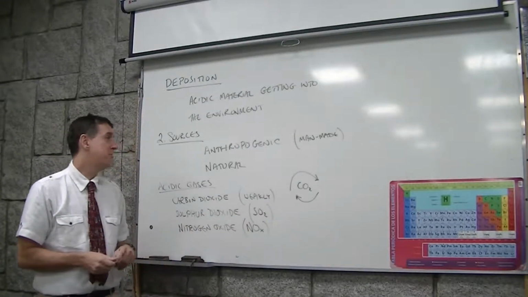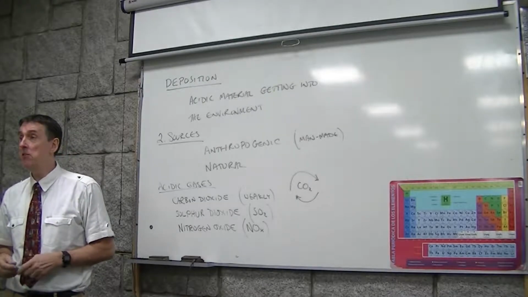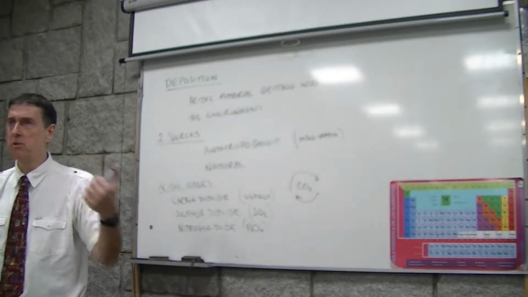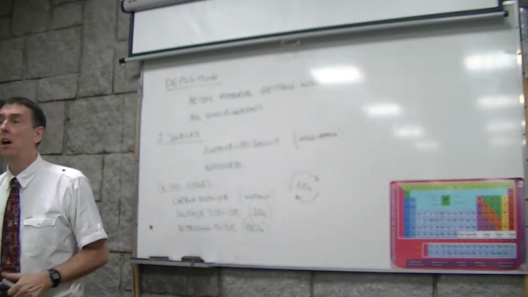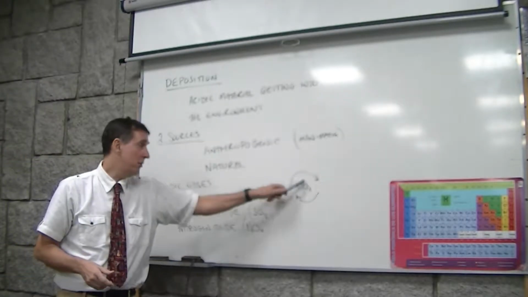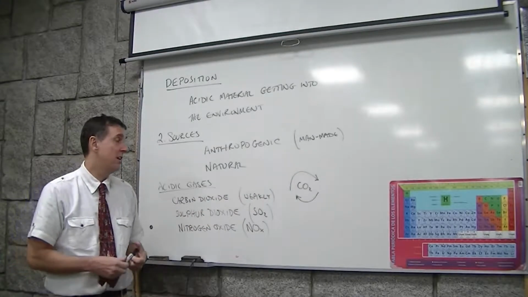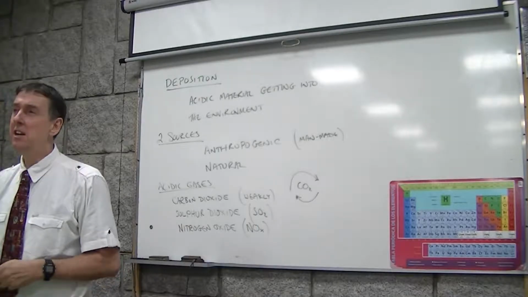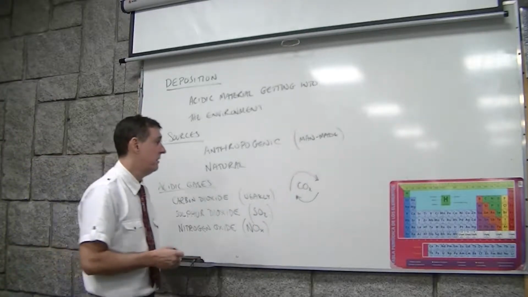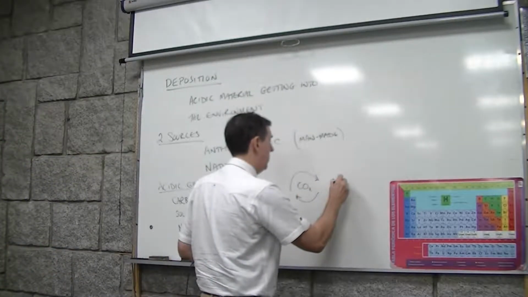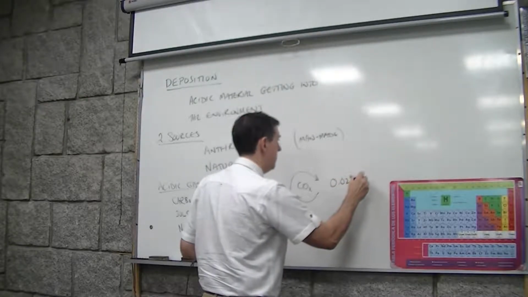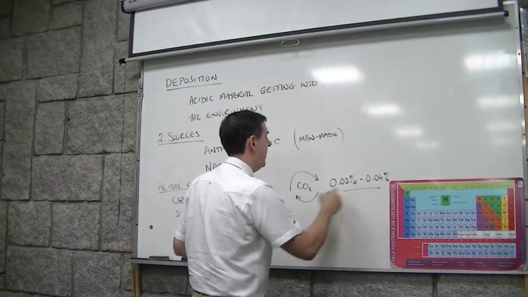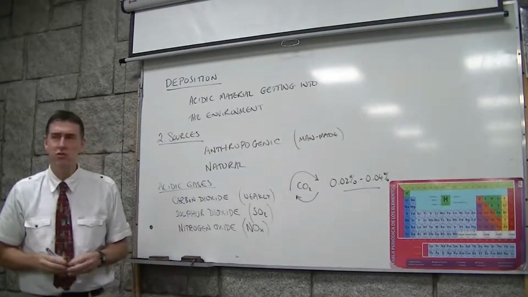Carbon dioxide is produced by burning carboniferous material, by burning things that have grown from carbon, such as trees and plants. And if we burn too much, then we change the amount of carbon dioxide in the atmosphere. It tends to vary from about 0.02% to around about 0.04%.